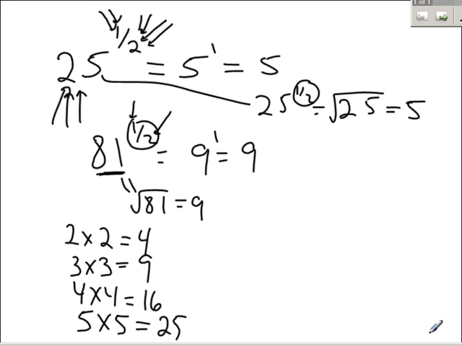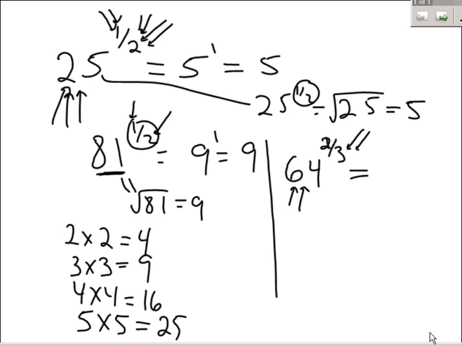The thing is, sometimes the power is not a half. Sometimes it's a third. If somebody asks you what 64 to the 2/3 is, it's asking two questions. What times itself that number of times gives you that number?